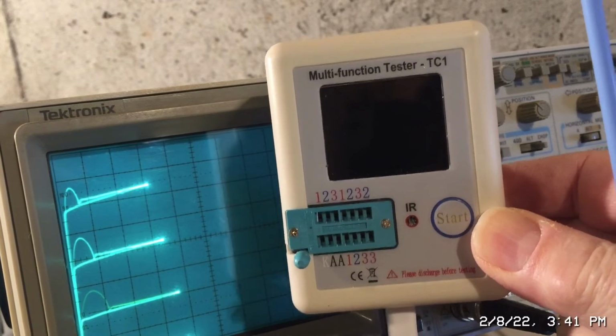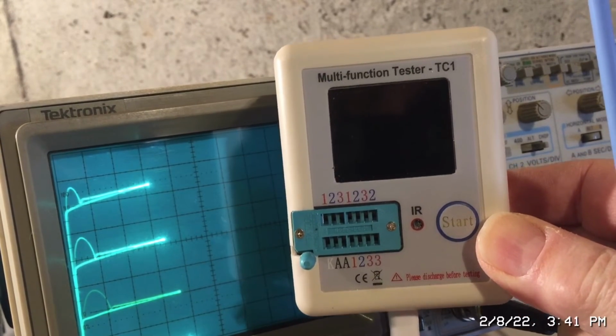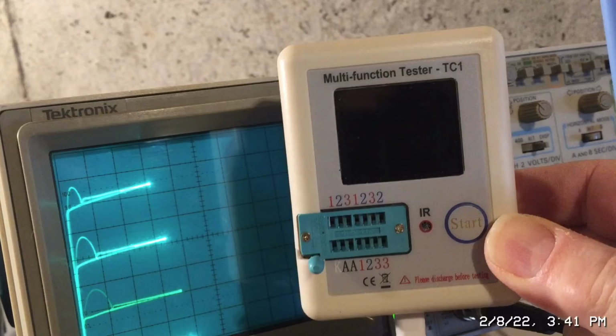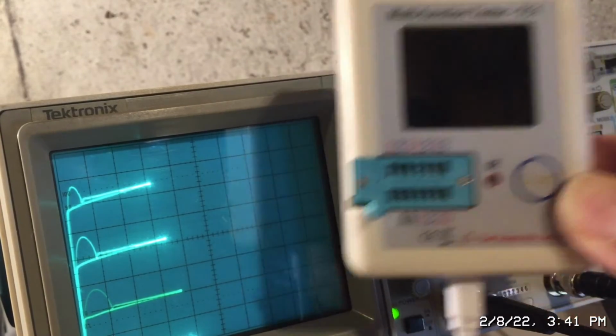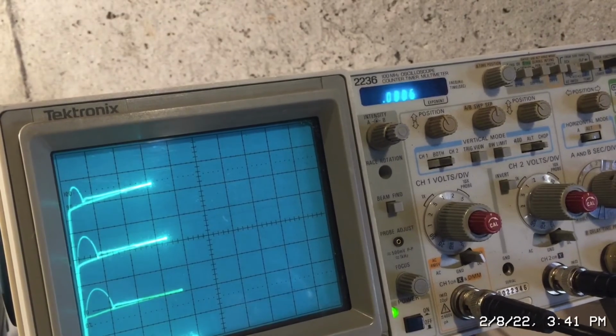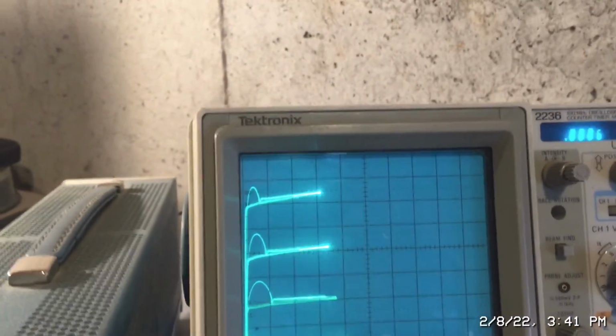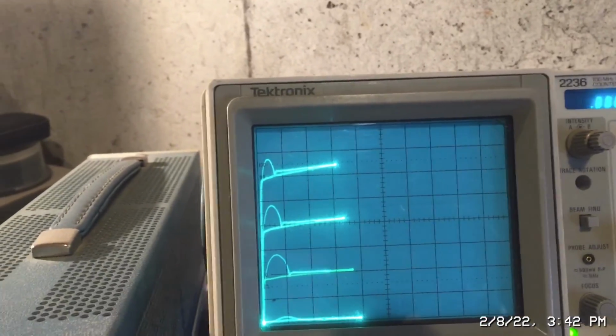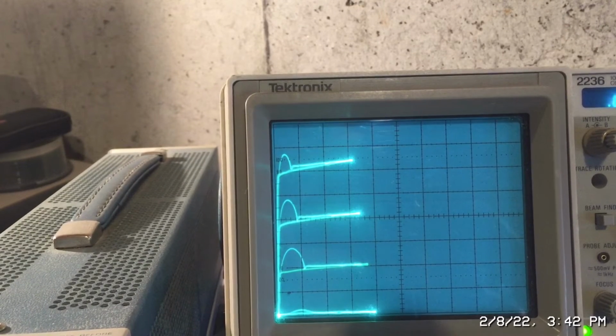Obviously, it can only test at very low levels. My particular curve tracer can test up to 200 volts, but that also gives you the DC beta value. You can calculate the gain as well with this instrument. It's a little bit more complex. I'm not going to go into that today, but there is a procedure in their manual.